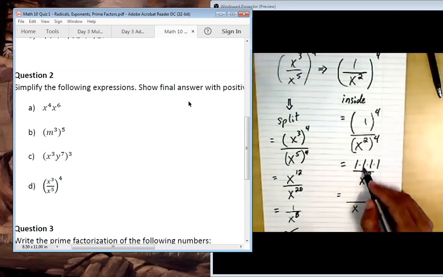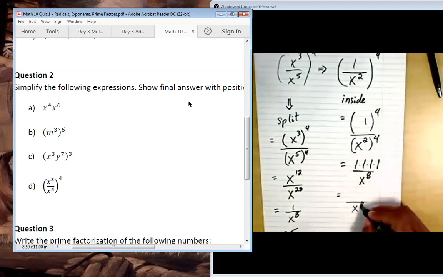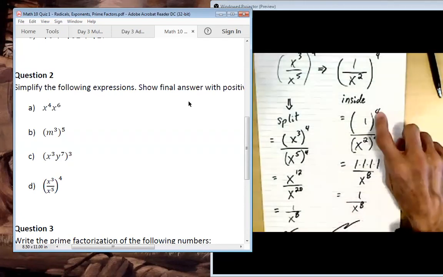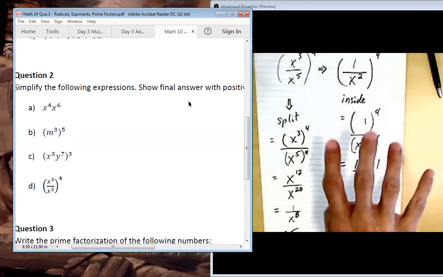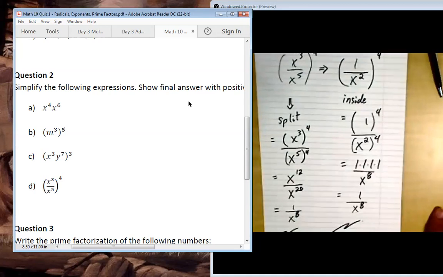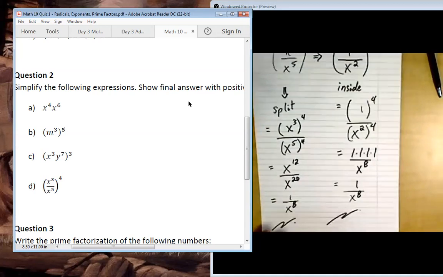Times 1, times what? What do you get? Same answer. Okay. But be careful about this. Would that be an exponent? It's not 4. It ends up being 1. Beautiful. Any questions about that? No. Okay.